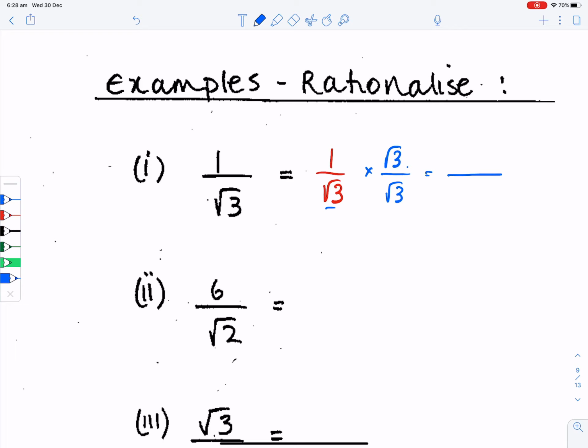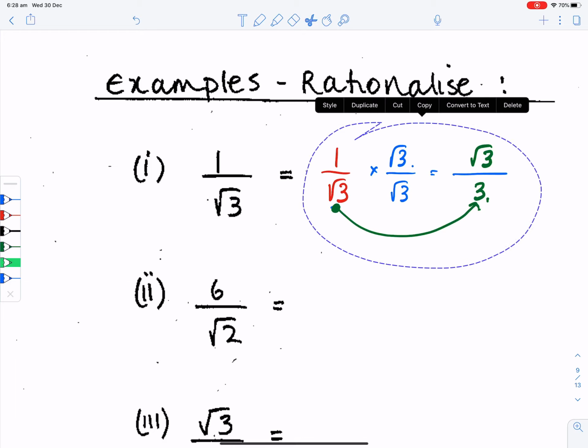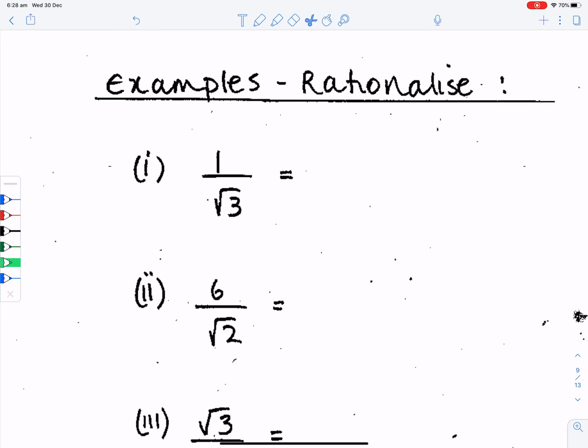So now the top becomes root 3, and the bottom becomes 3. You can see you started off with a denominator that was irrational, and now you've ended up with a denominator that's rational. Let me do that all over again, just so we've got it nice and clear.